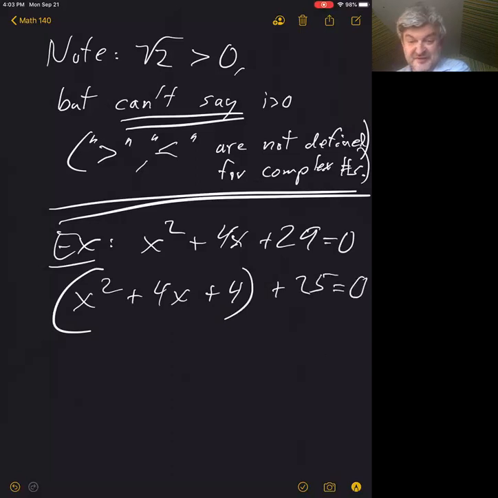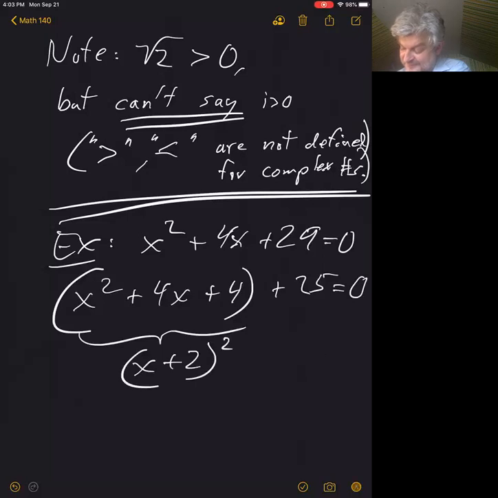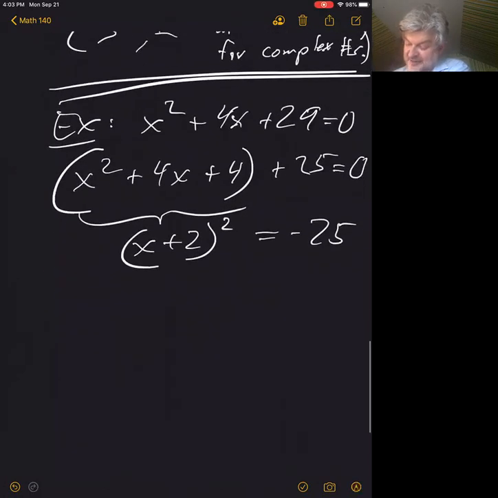So I've rewritten that equation. And this here is the perfect square. x plus 2 quantity squared plus 25 is 0. So x plus 2 quantity squared is negative 25. And therefore, x plus 2 has to be a square root of negative 25. If you don't know complex numbers, then you would say that just does not exist.